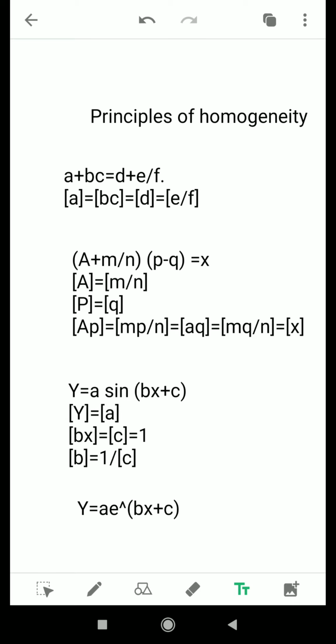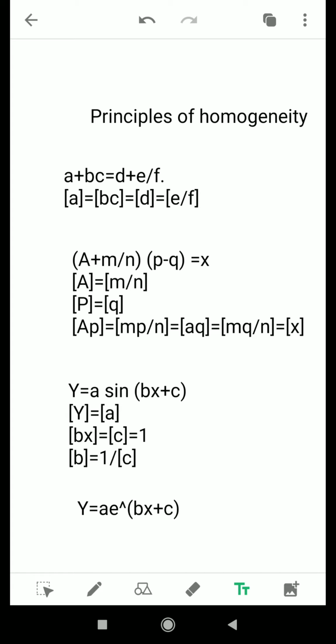You know any number's power never has a dimension. So bx plus c is again dimensionless, like the previous one. The previous one was an angle, so that was dimensionless, and here it is in the power, so it is also dimensionless.